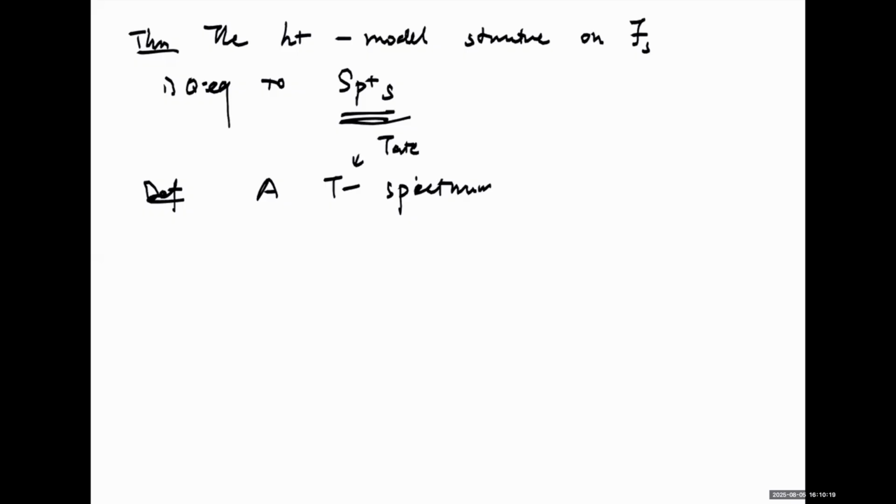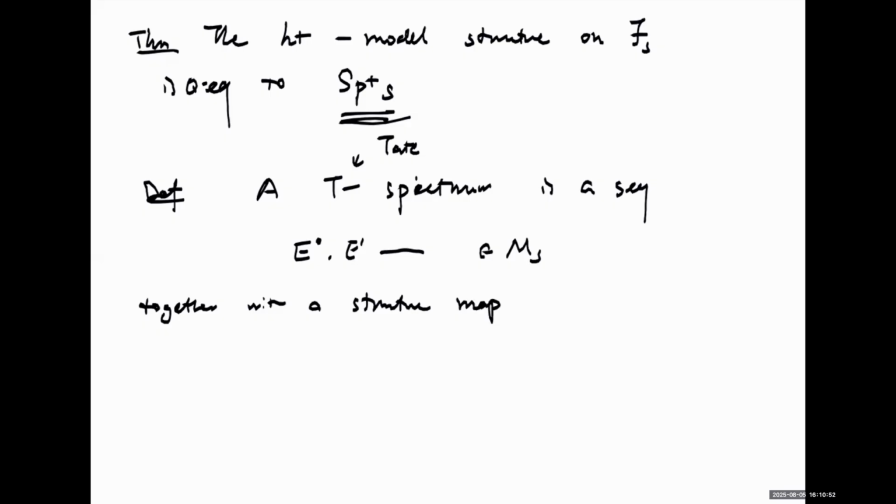A T spectrum is a sequence E0, E1 to infinity, all these things inside motivic spaces, together with structure maps T smash product with E_i to E_{i+1}.